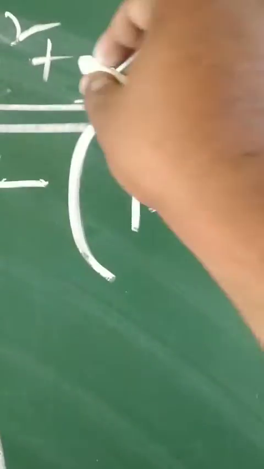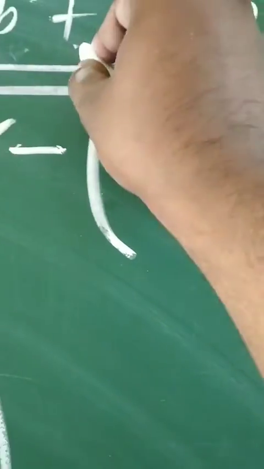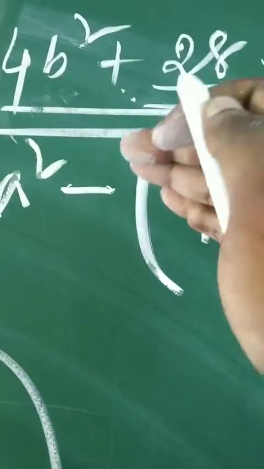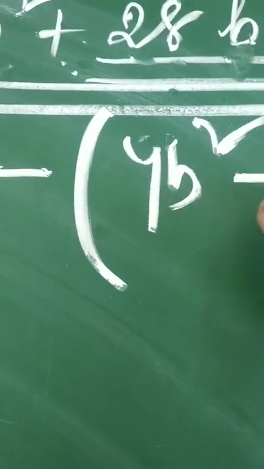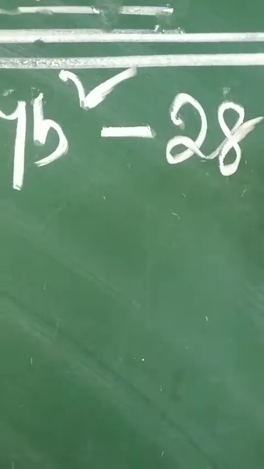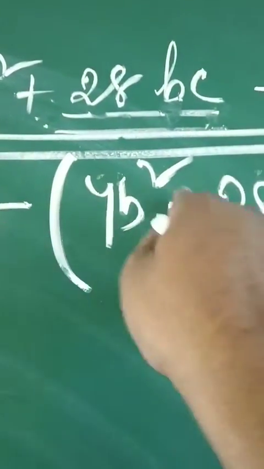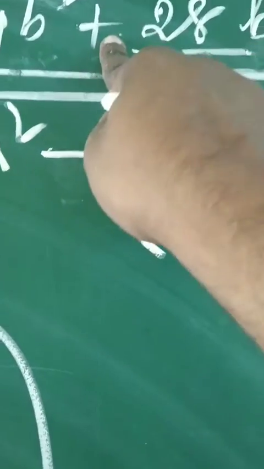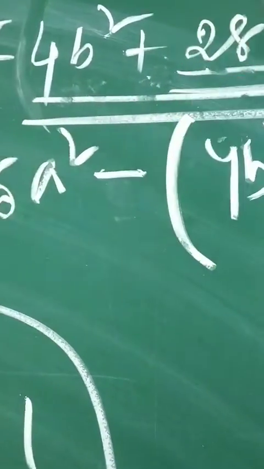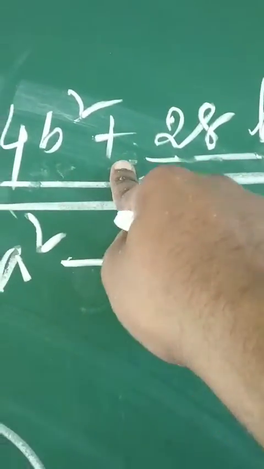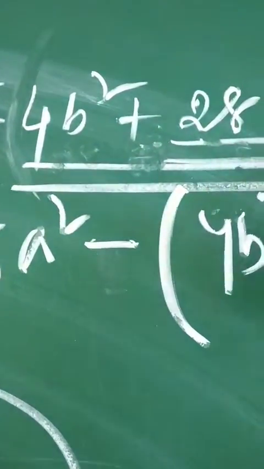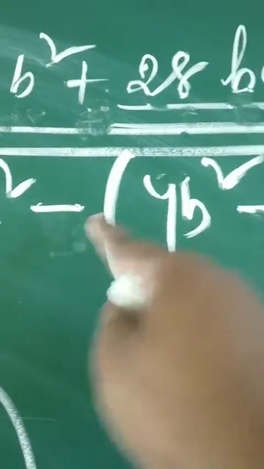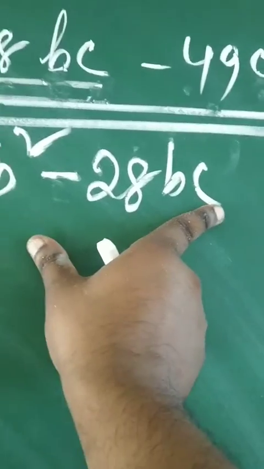Now it was plus 28bc, so minus is taken away and it will turn into minus. Why? Because minus into minus results plus. So from this plus 28bc, one minus sign is taken away, so minus 28bc will be left.